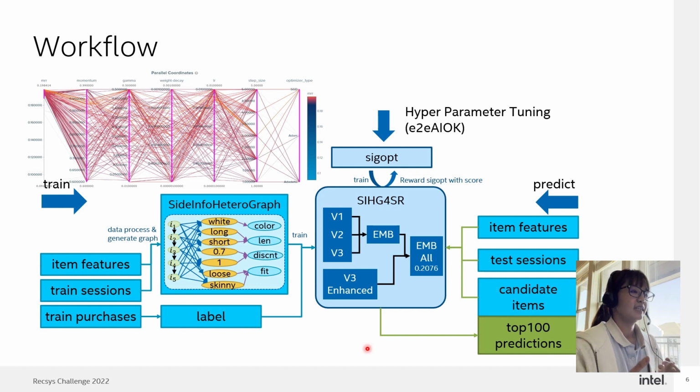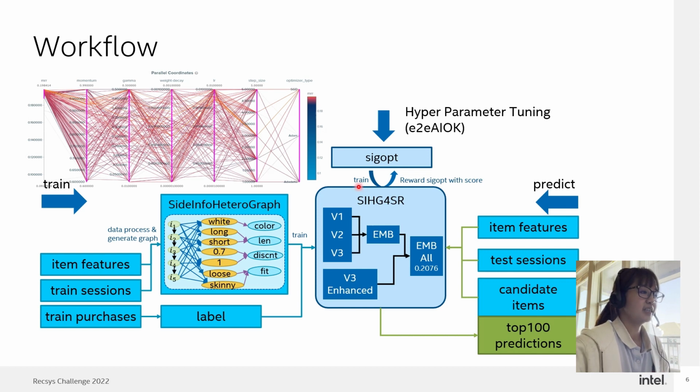So we are using a tool provided by Intel named Intel End-to-End AI Optimization Kit, which uses SIHG4SR as the search engine to help us find the hyperparameters. The page on the left side shows how SIHG4SR finds the hyperparameters; the strongest line means this hyperparameter can help us improve the score.